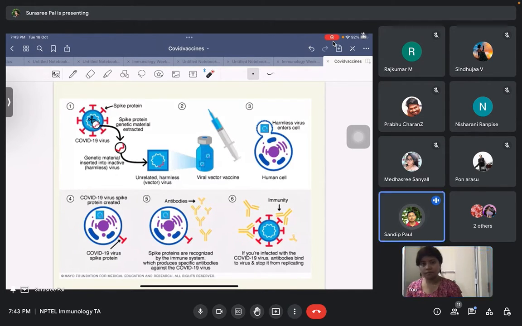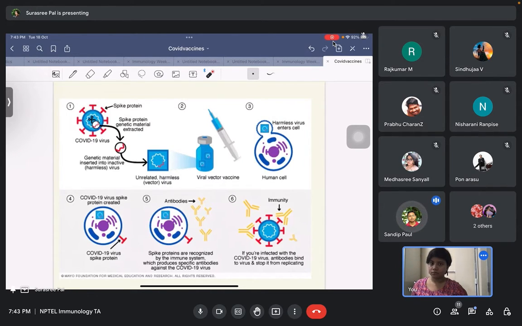So this is not the DNA vaccine. It does not use the DNA vaccine type. Actually, it is very similar to DNA vaccines as well, because a DNA vaccine is also a plasmid vector which is expressing the particular antigen. Here also it is a vector which is expressing this particular antigen.